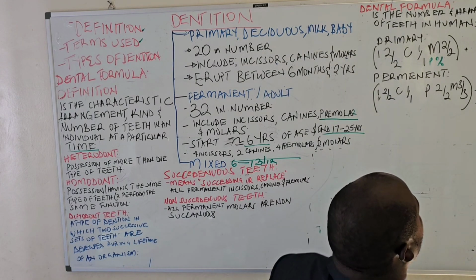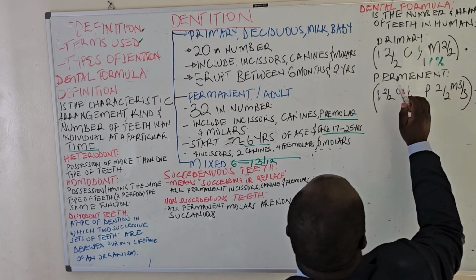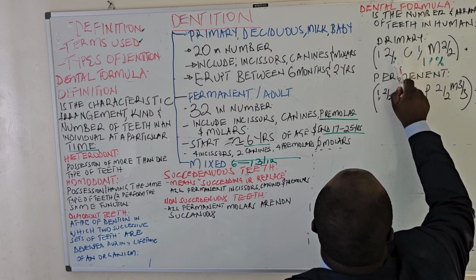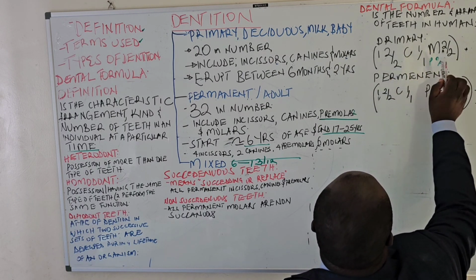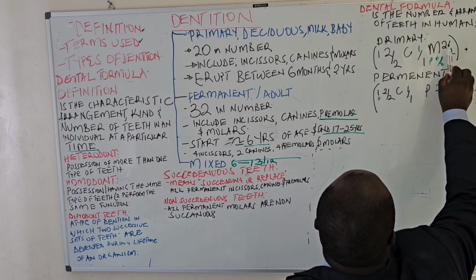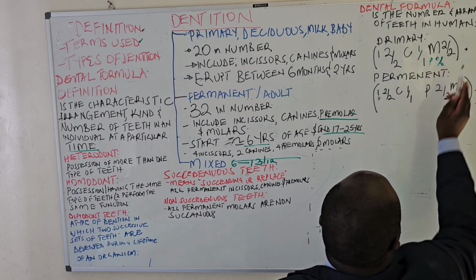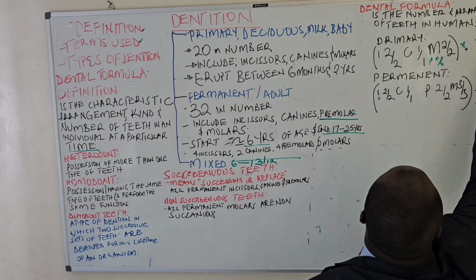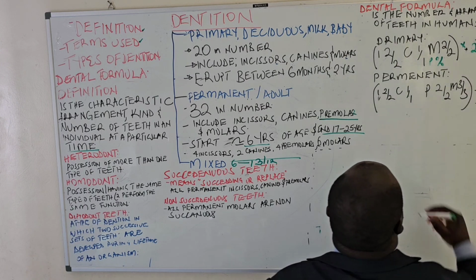We don't have premolars in the primary dentition. So, for good mathematicians, we shall say this is 1, 2, 3, 4, 5, 6, 7, 8, 9, 10. So these are 10 times 2, it means we shall have how many? 20 teeth.